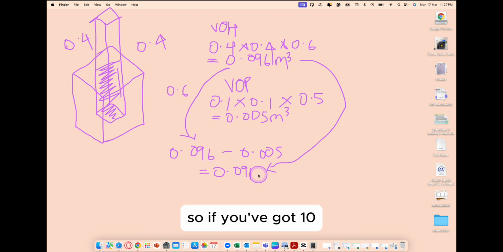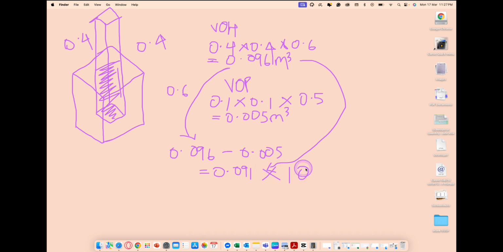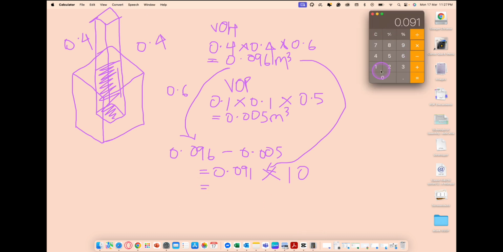So if you've got 10 holes, what you would normally do is just times that by 10, and you would get 0.91. Easy. Cubic meters.